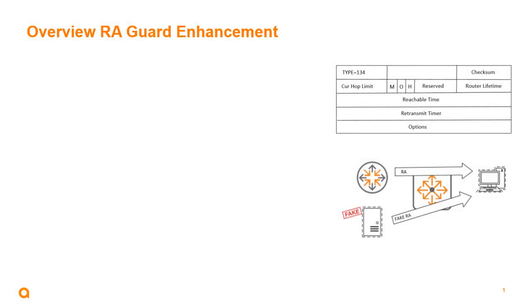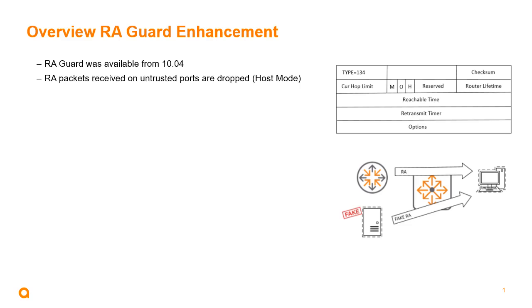So let's look at the RA Guard enhancement. First of all, just to let you know that RA Guard has been available on CX since 10.04. And in fact, it was available in what we call host mode. This is where RA packets received on untrusted ports are dropped immediately, typically LAN ports, client-side facing effectively.